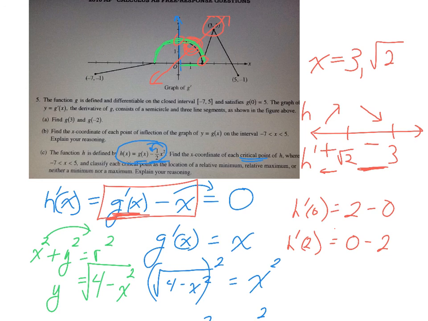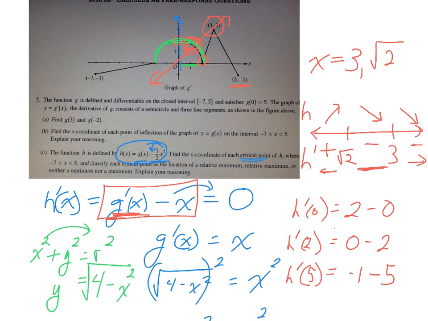So root 2 is a maximum. Let's try something else in this interval here. Well, 5 works, so let's do h prime of 5. g prime of 5 is negative 1 minus 5. Well, that's negative, and we're still going down, so 3 is actually neither a maximum or a minimum.